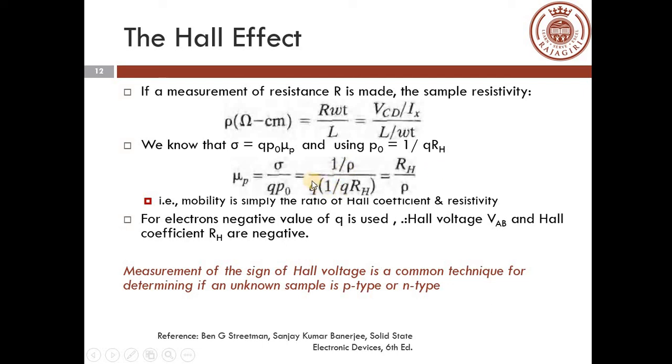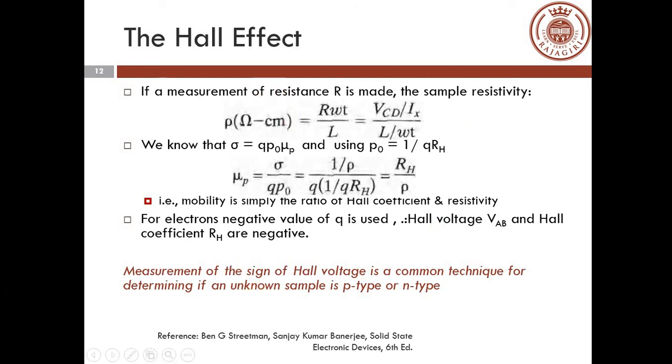So on simplification we get mu P, the mobility of holes, is equal to RH, the Hall coefficient, divided by resistivity. So if we know the Hall coefficient and resistivity, the mobility of holes is simply their ratio.